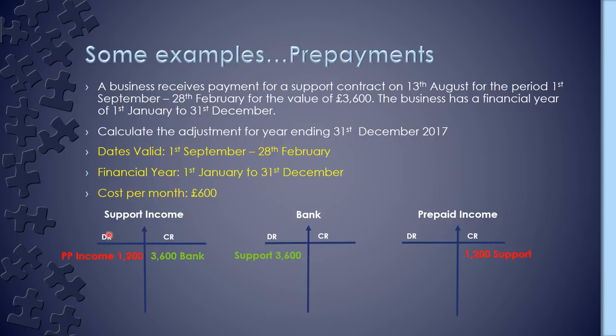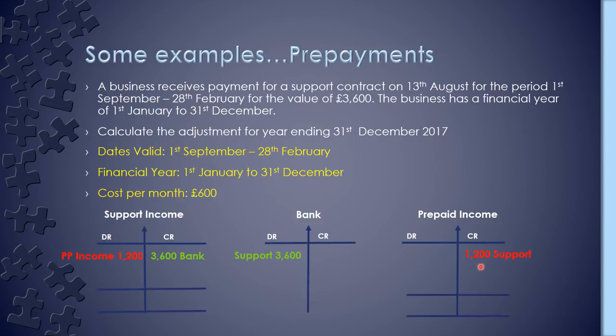So then we need to make sure that we have actually prepaid that. So then that becomes, in our prepayment account, a credit, because our prepayment account for income is a liability account because we haven't earned that income yet. So that liability account is going to increase by £1,200, so therefore it's a credit.